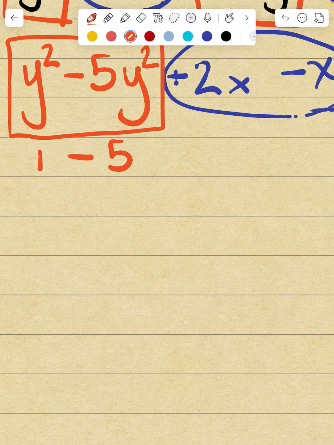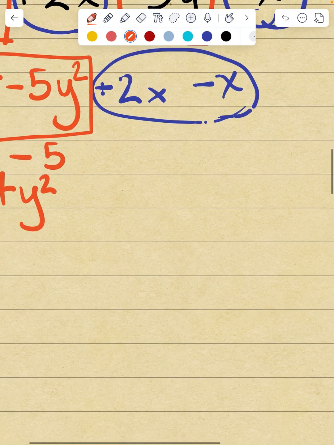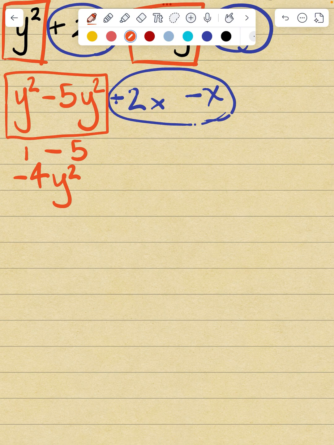Again, use your number line. So you'll start at 1, you go in the negative direction, so it'll go 1, 0, -1, -2, -3, -4, and that's going to be our answer. It's -4, but don't forget your y squared, right? Because that's what made it a like term to begin with.